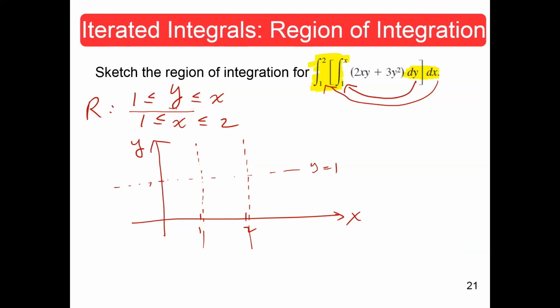So we should look at y equals x. Y equals x is a straight line, a linear function, and it goes through the origin because the y-intercept is 0. The slope is 1.